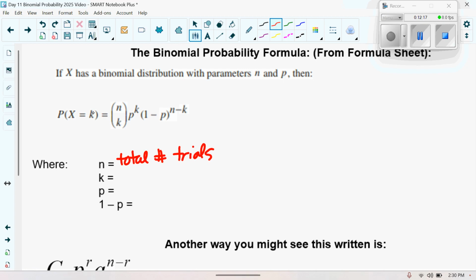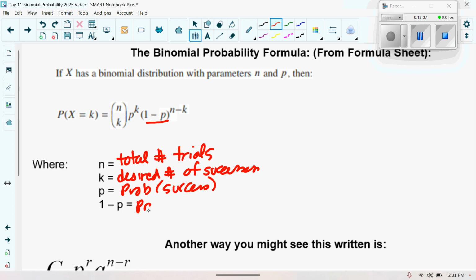The k, or the lowercase x in the other one here, is going to be the desired number of successes. The p is the probability of success, whatever you guys are defining success as. And the 1 minus p is going to be the probability of failure, which is just not success. And sometimes we call that the letter q.